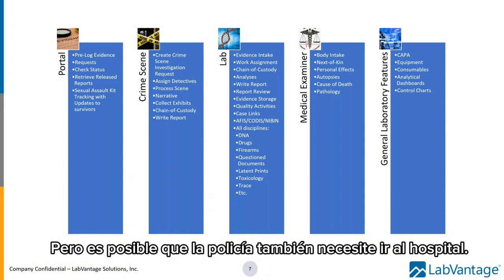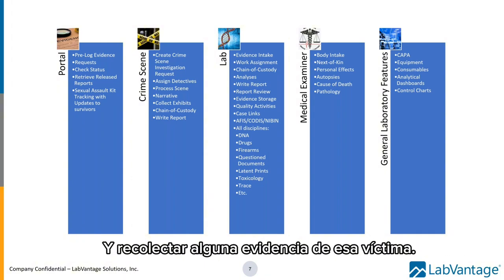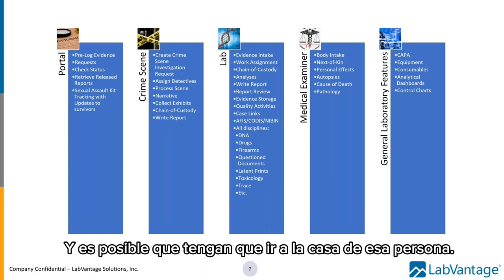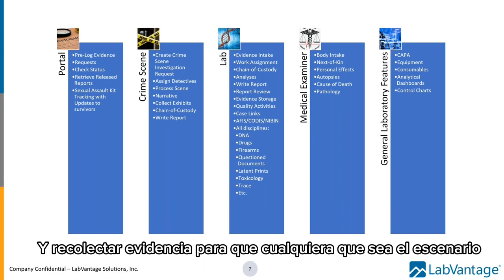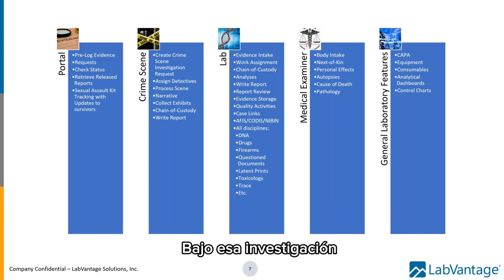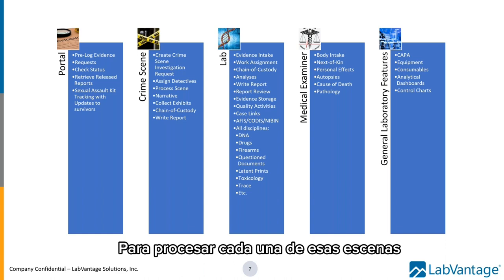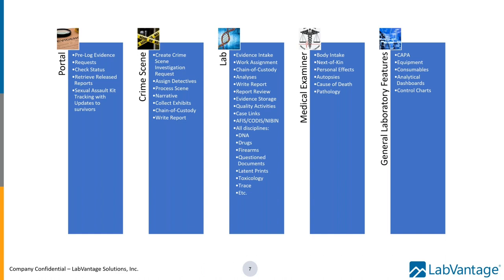But the police may also need to go to the hospital and collect some evidence from that victim. They also may get a lead to a suspect and they might need to go to that person's home and collect evidence. So whatever the scenario is, under that one investigation, we can create multiple different geographic scenes and assign different detectives to process each of those scenes.